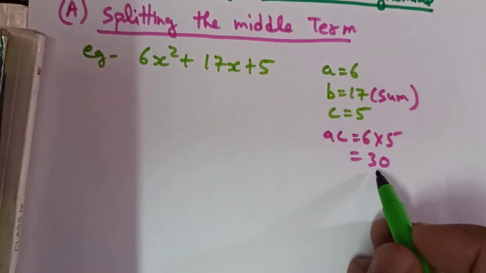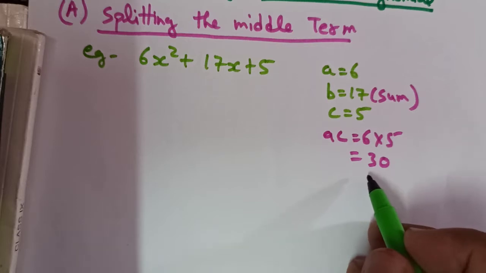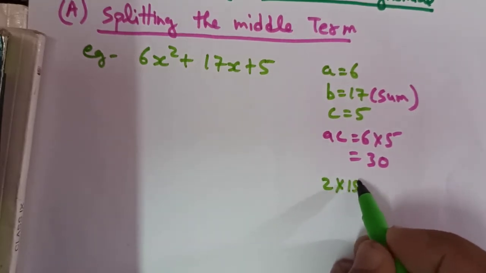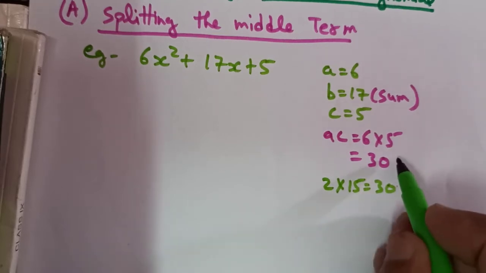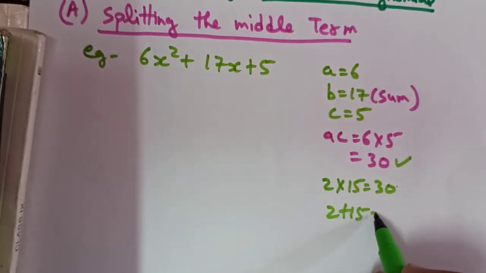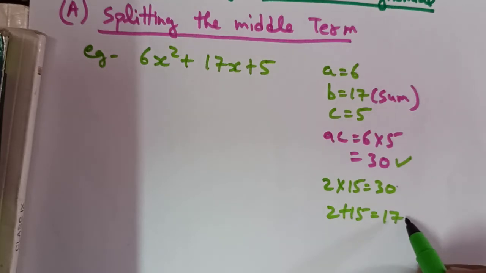If we take the factors of 30 as 2 into 15, we know that 2 into 15 is equal to 30, that is ac, checked, and the sum of 2 and 15 is equal to 17, that is b, also checked.